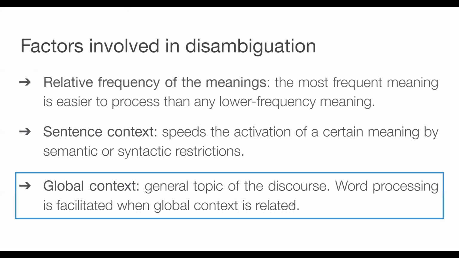And finally, we also have another kind of context, the global context, which is the general topic of the discourse in which the ambiguous word appears. It could be the topic of the text we are reading, or the topic of the conversation we are having, and it has been shown that word processing is facilitated when the global context is related.